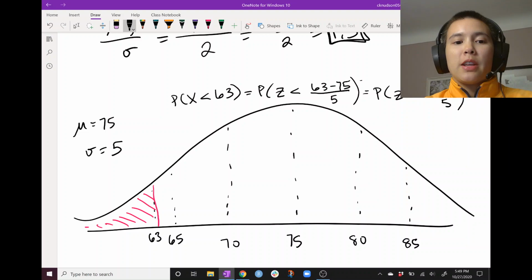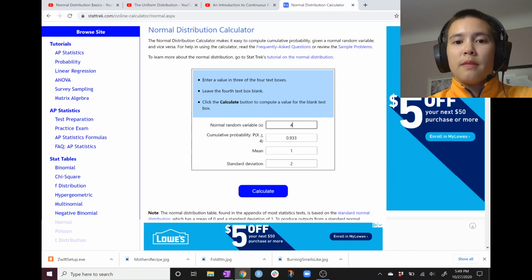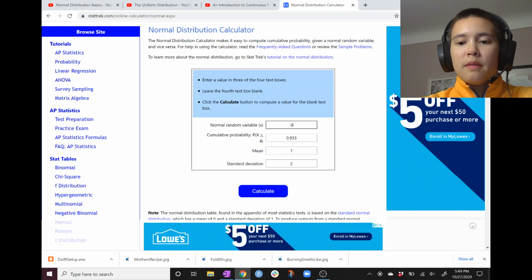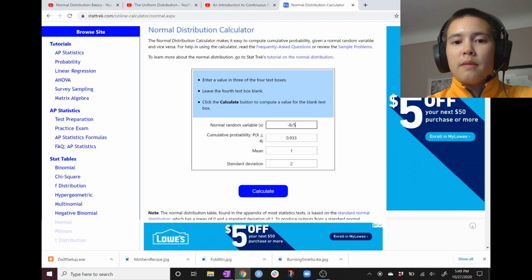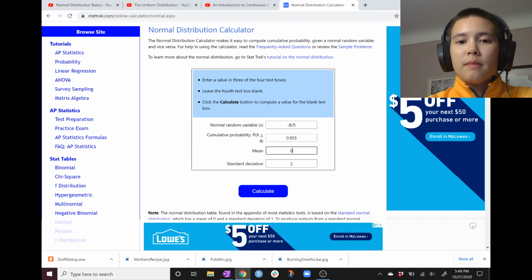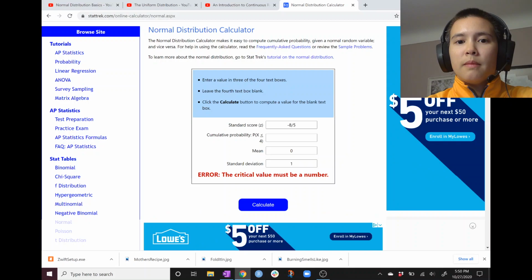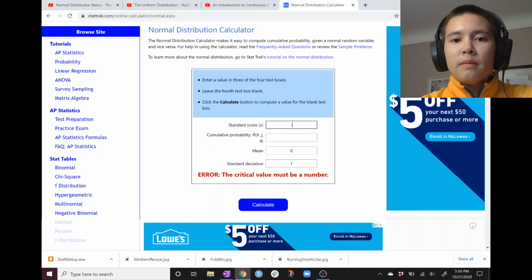Now we can go calculate what's the probability that a standard normal is less than -8/5. And we get 0.055.